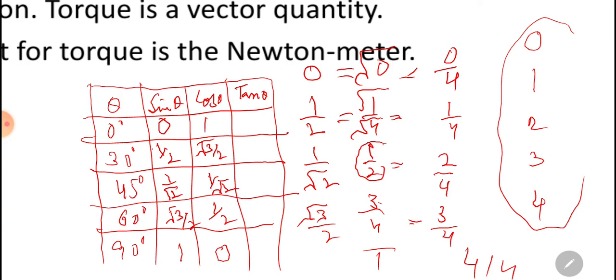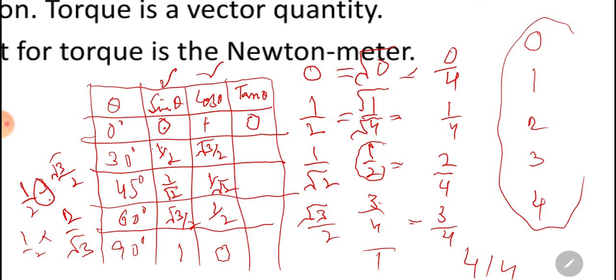Now divide this column by this column and you will get tangent. 0 divided by 1 we will get 0. 1 by 2 divided by under root 3 by 2 is 1 by 2 multiplied by 2 by under root 3. When it is converted into multiplication it gets inverted.